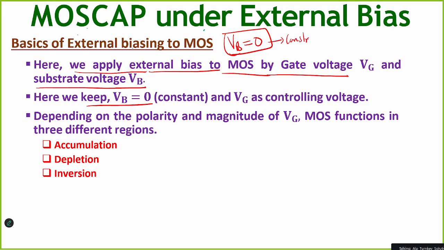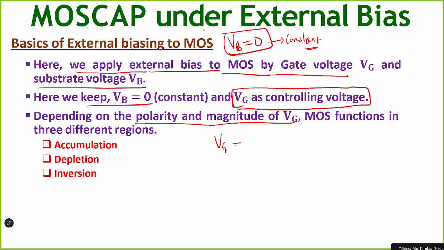So the gate voltage is the controlling voltage. Depending on the polarity and magnitude of VG, polarity means for VG you can apply negative voltage or positive voltage, this gate will operate in different types of regions. And magnitude also. Magnitude means value.